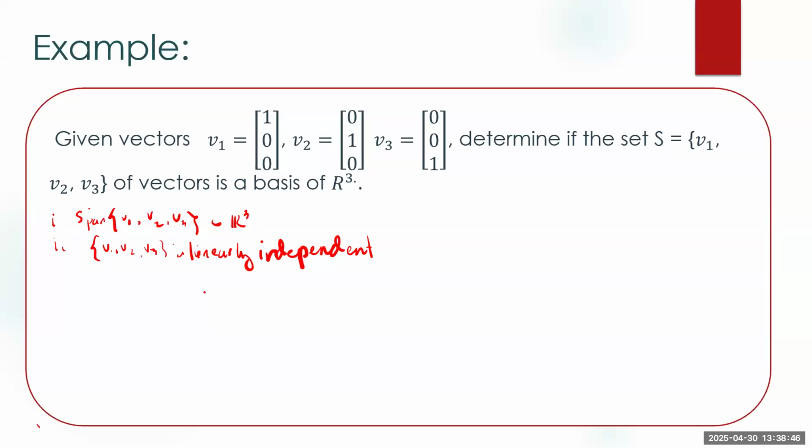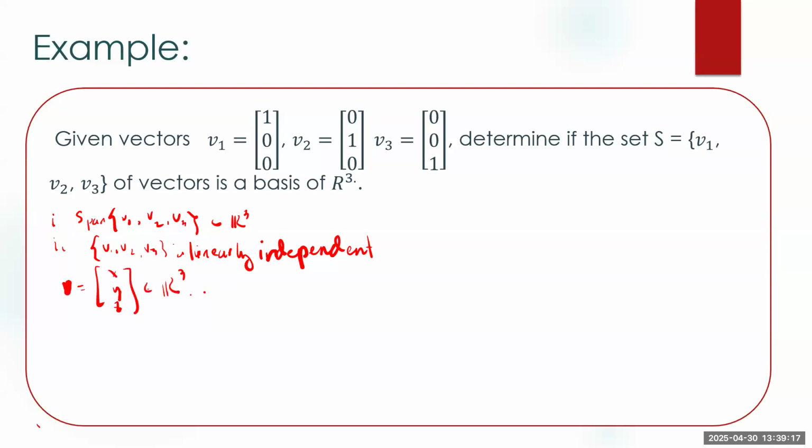Again, to determine if this set of vectors spans R3, we must show that the determinant is not equal to 0, just what I have mentioned earlier in our note. So for this span, say we have vector V composed of x, y, z, which is in our R3.